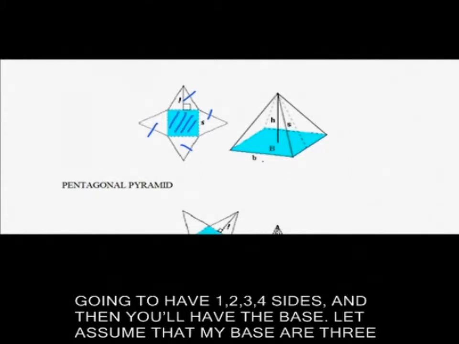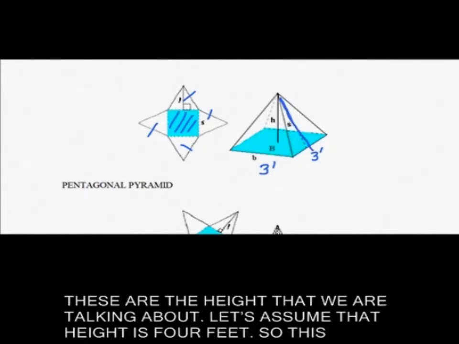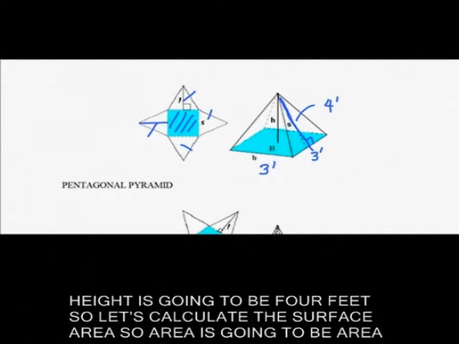Let's assume that my base is 3 feet by 3 feet. Now, you also need to be given the height of each of these triangles, and this is the height that we're talking about. Let's assume that height is 4 feet.